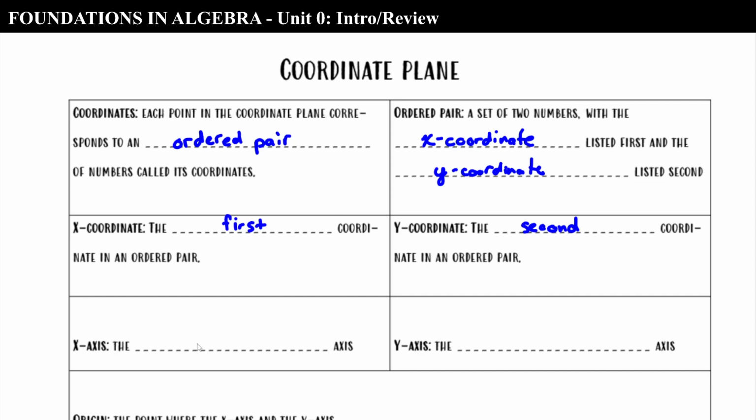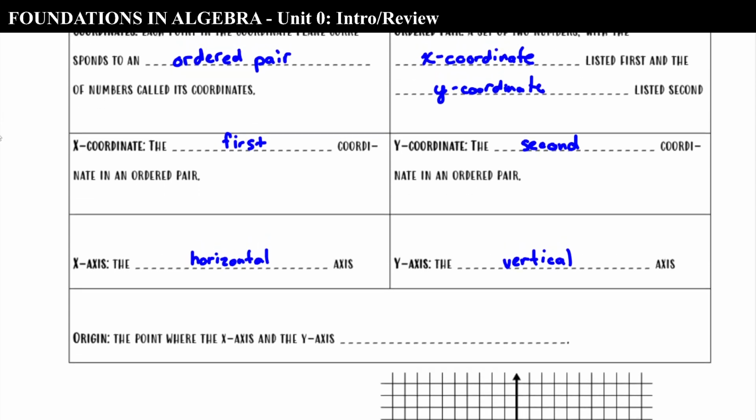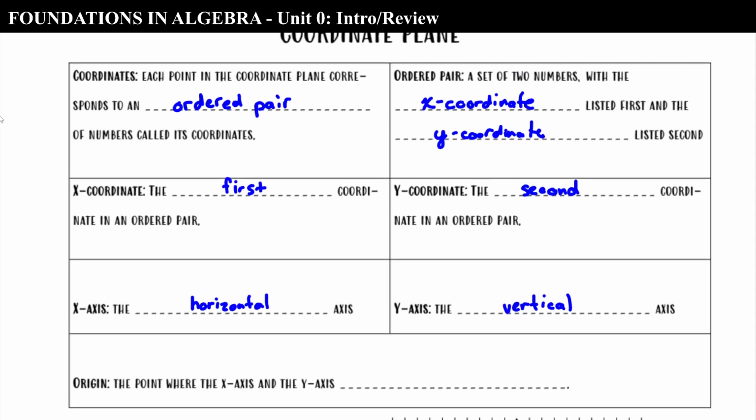The x-axis is the horizontal axis, and the y-axis is the vertical axis, the one that goes up and down. The point where the x-axis and the y-axis meet is your origin.